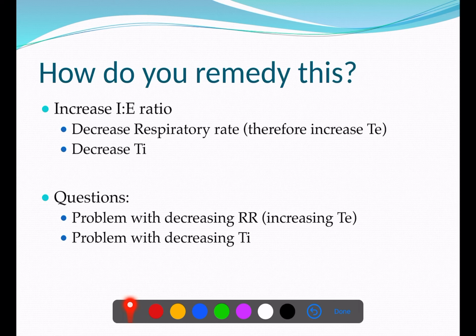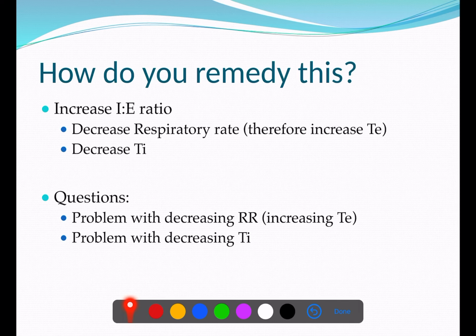But what's the problem with decreasing your TI? Now you're telling the ventilator to achieve the same volume of gas, but in a shorter period of time, so it's going to have to use a higher pressure to drive that gas into the lungs. And by doing so, you're going to increase your plateau pressures, or your PIPs if you're in a pressure mode of ventilation.